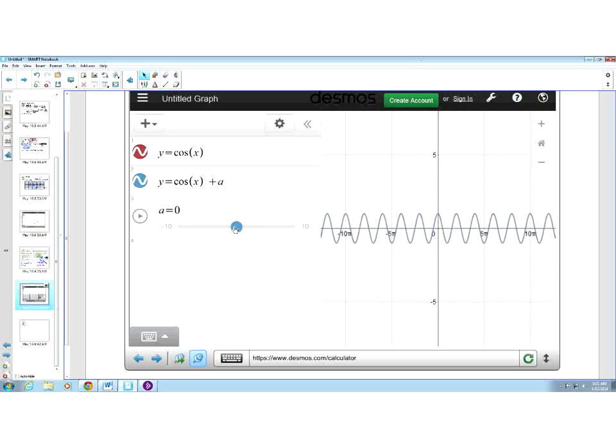Now if a is, of course, negative, what happens? Then the curve starts going below the x-axis, going in the negative direction. You see how the blue curve is shifting downward? So here's your vertical shift action. All right. So we'll leave that right there.